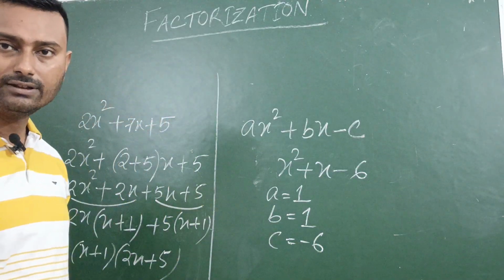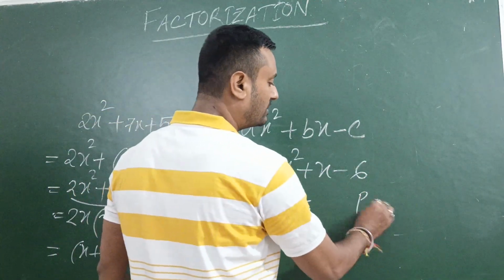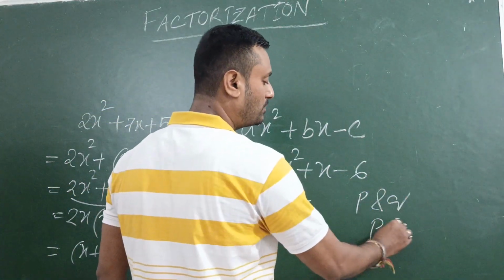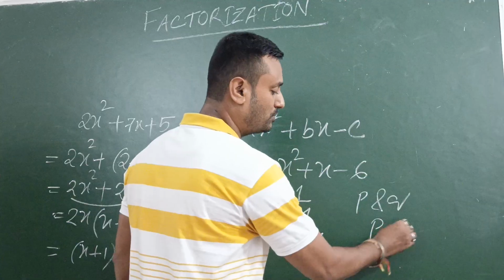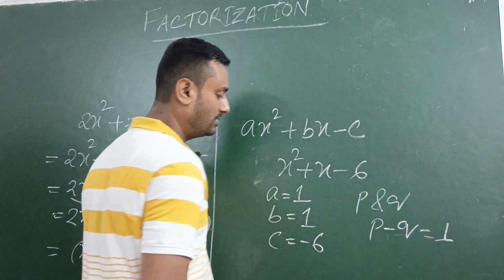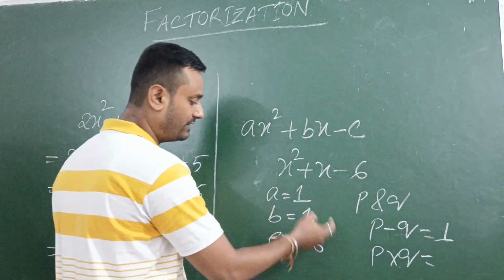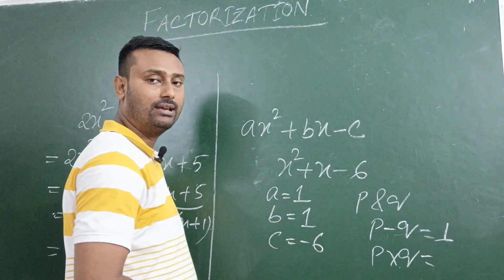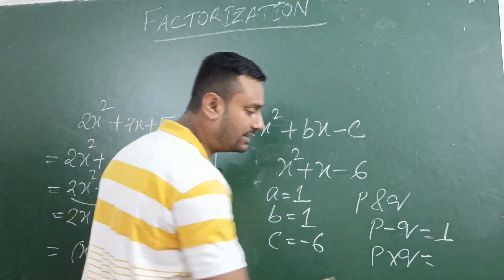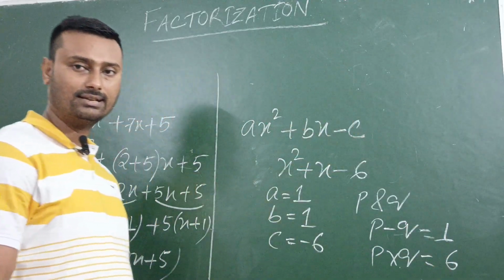So c is negative. That means you have to find two numbers p and q such that p minus q is equal to b, which is 1, and p into q equals the product of a and c. 1 into minus 6 is minus 6. Don't take the negative sign, so you can say 6.